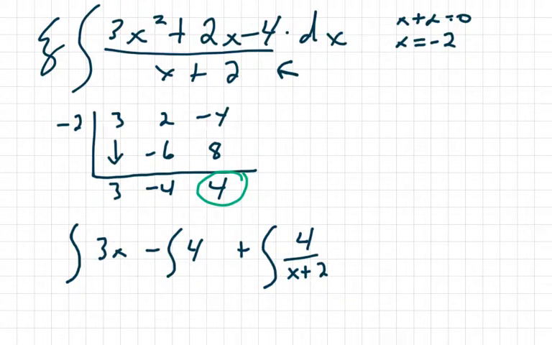So I can do this one on its own. Again, the integral of that one is 3x squared over 2, nice and simple, minus the integral of 4, which is just minus 4x to the 1 divided by 1, doesn't change anything.